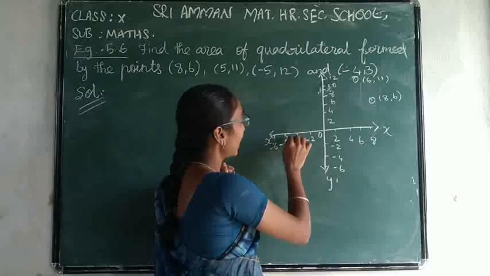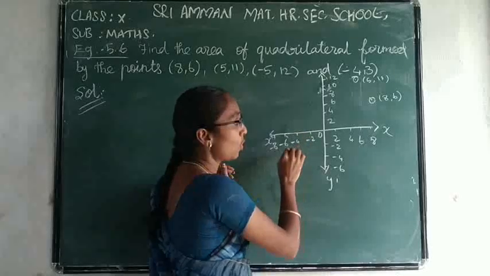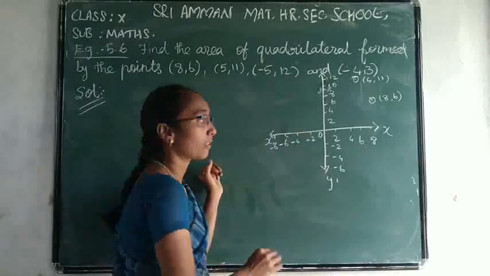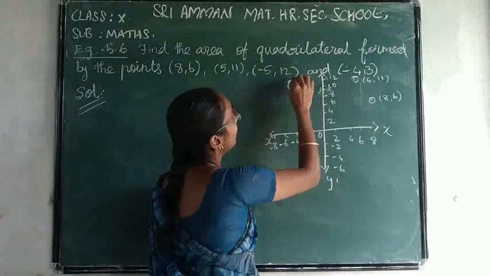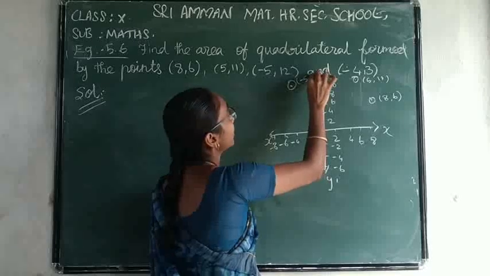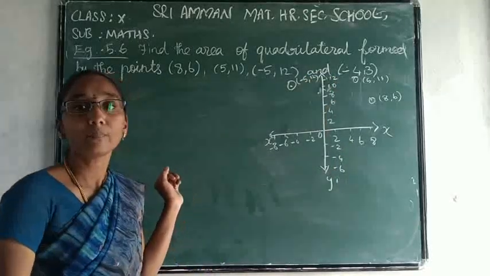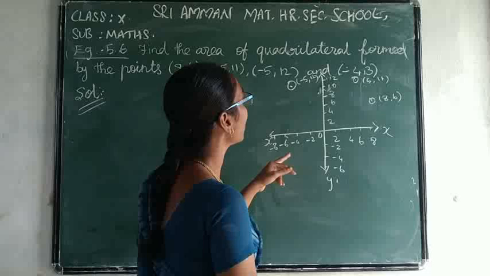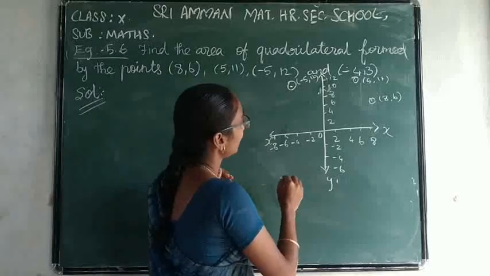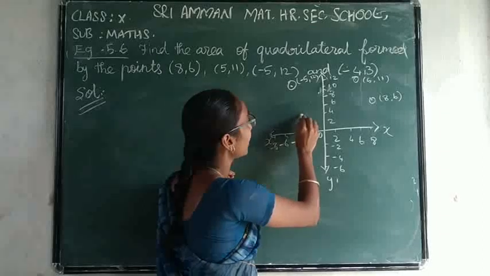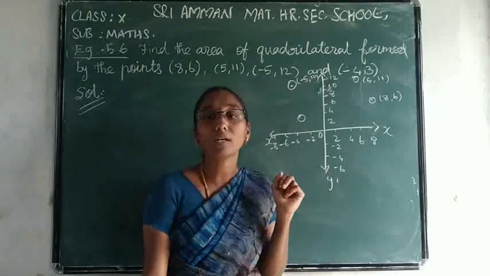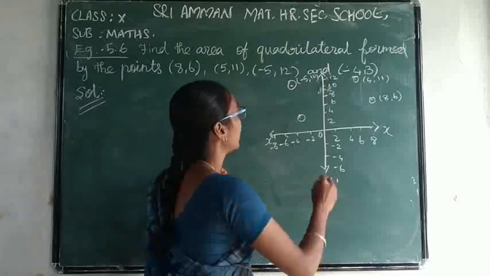Minus 5 lies on the x-axis between minus 4 and minus 6. So minus 5, comma 12. Next one is minus 4, comma 3. X-axis minus 4, y-axis is 3.